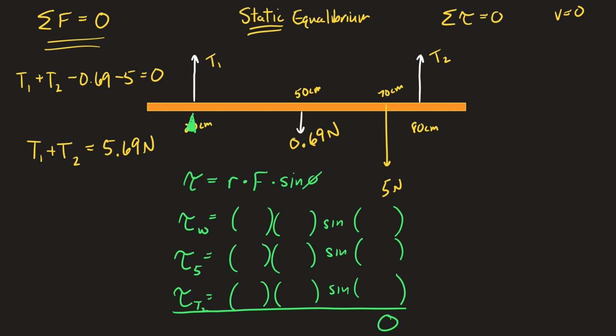That's my first torque arm. Well, what's that distance? 30, but I should put it in meters. So I'm going to put 0.3. Next, I put in the size of the force. We know the weight of the meter stick was 0.69 newtons.